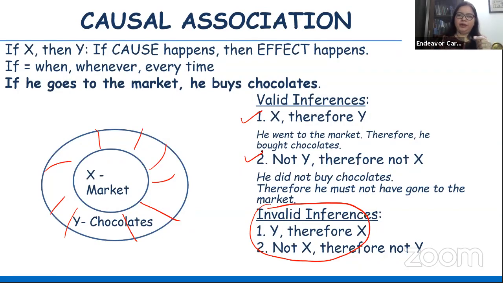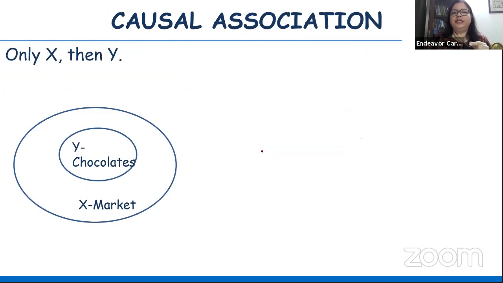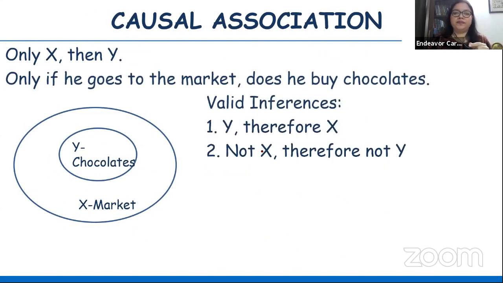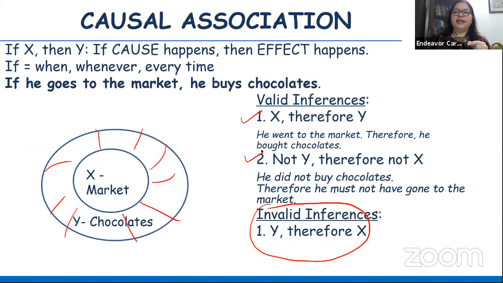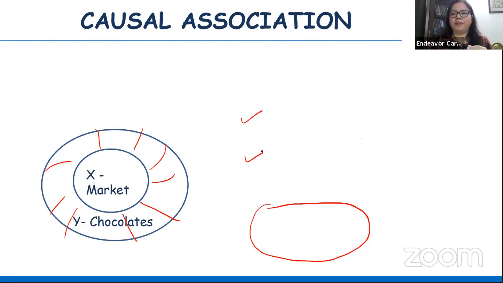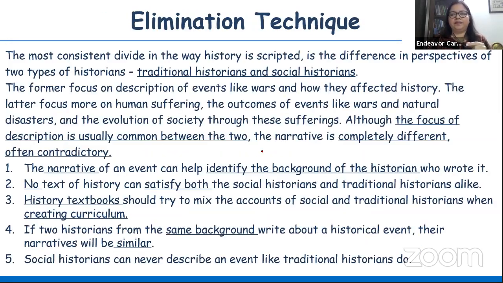Okay. Why did we need to discuss this? Why did we need to talk of this? Because you normally have cause effect connections in such paragraphs or in RCs as well. You have some sort of cause effect connection. Now, if you look at this paragraph, what is the cause here and what is the effect? The cause is two historians from a different background.